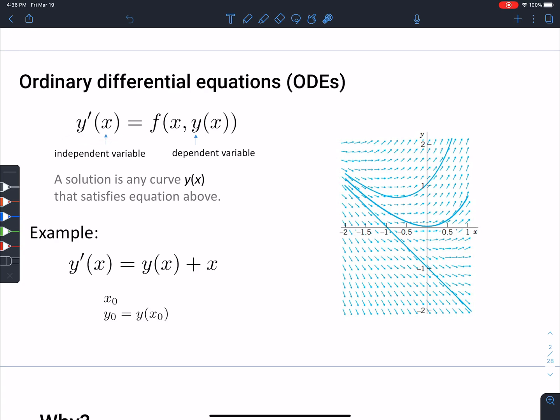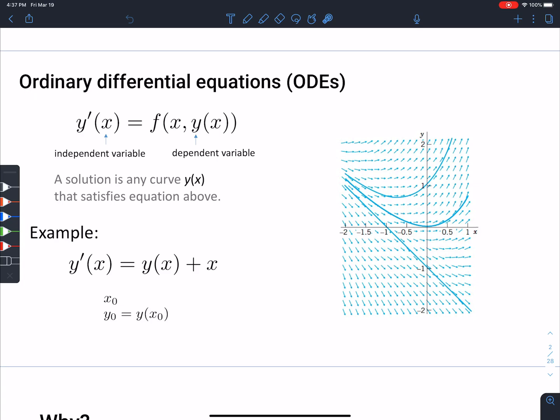So we are interested in finding a solution, which is a function y of x, where y is the dependent variable and x the independent variable, such that if we plug it into both sides of this equation, the equality holds. Any curve, any function y of x that satisfies this equation is what we call the solution to this ordinary differential equation. We'll talk about why the name ordinary in a slide a little bit later on.